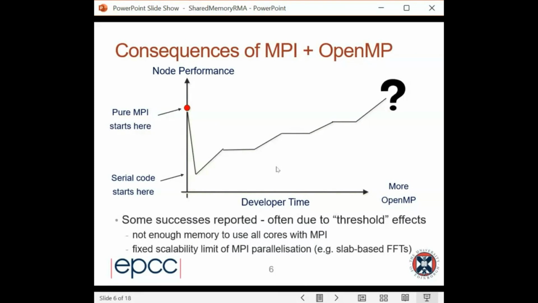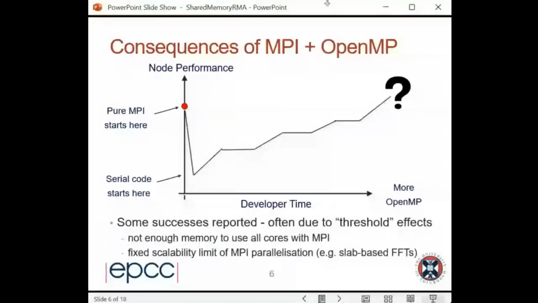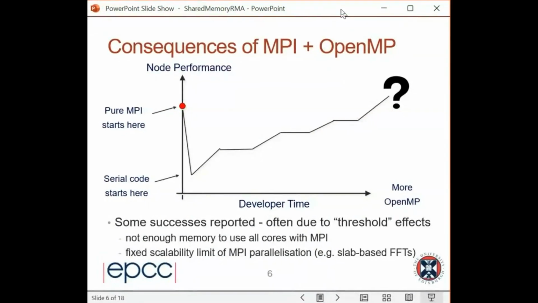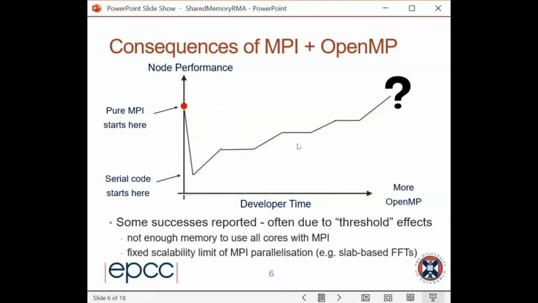This is my concern about the MPI plus OpenMP approach. If you have a serial code, then there is a question as to whether you should parallelize it with MPI or OpenMP. OpenMP is much easier to parallelize, but it won't scale beyond the node, so you might want to do MPI.